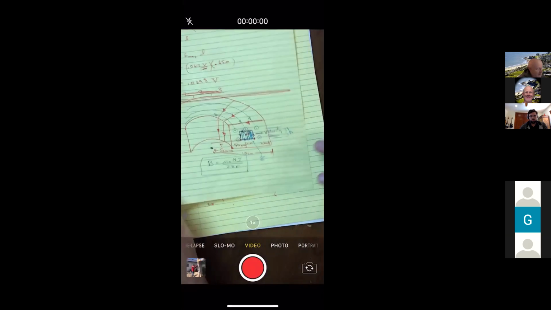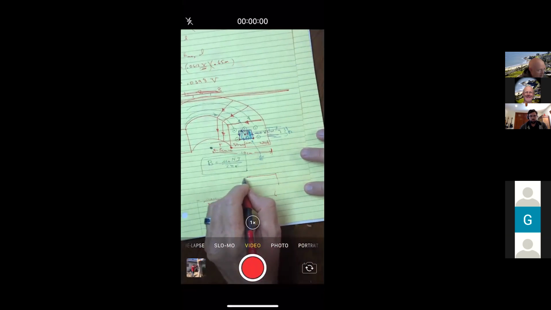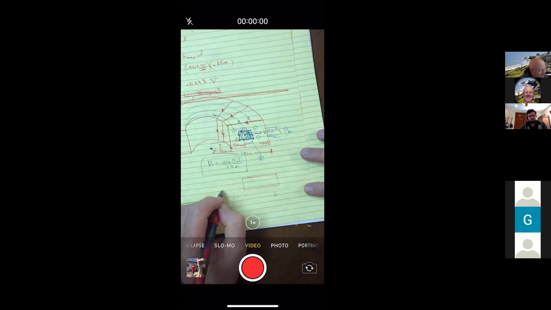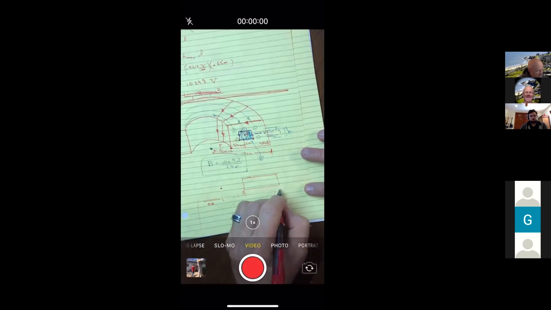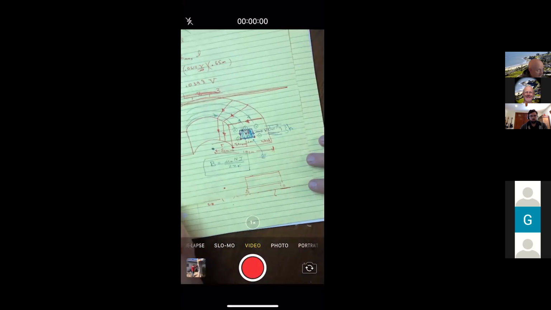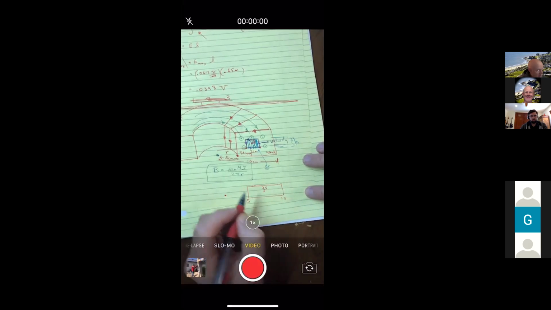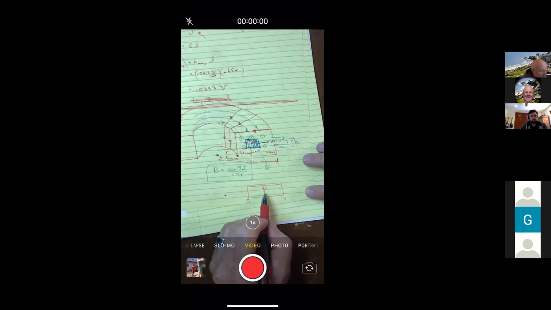All right, well, coming back to this picture, let me just kind of copy it down below. If the distance to the inner radius is 5 and the outer radius is 10, then the middle would be 7.5 centimeters.